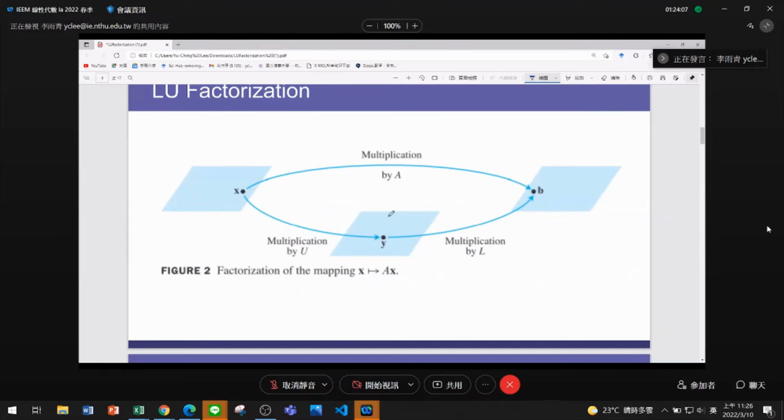If we want to show what this mapping is about, initially we map x to b from the domain to the codomain.